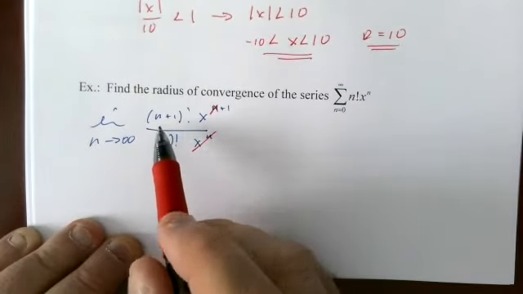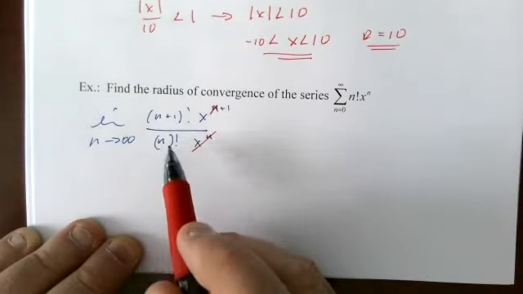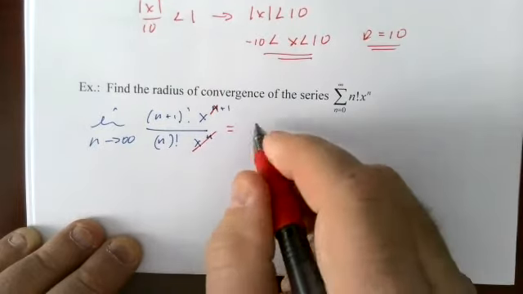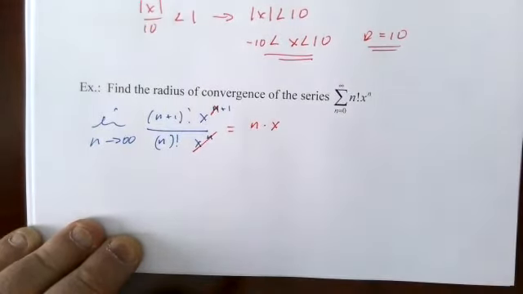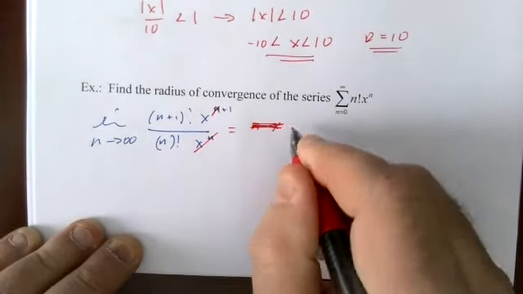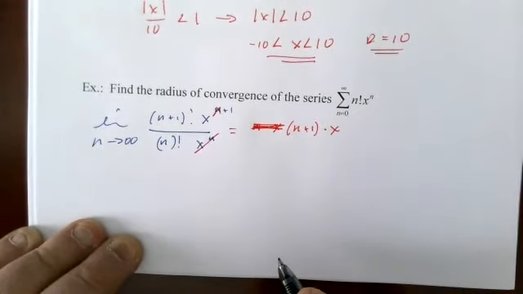Now let's think about this. If this was 7, 7 plus 1 is 8 factorial. That'd be 7 factorial. We'll be left with 8. So whatever n is, that's what we're left with. Oh, that's it. So n times x. Phooey, n plus 1 times x. Sorry about that.